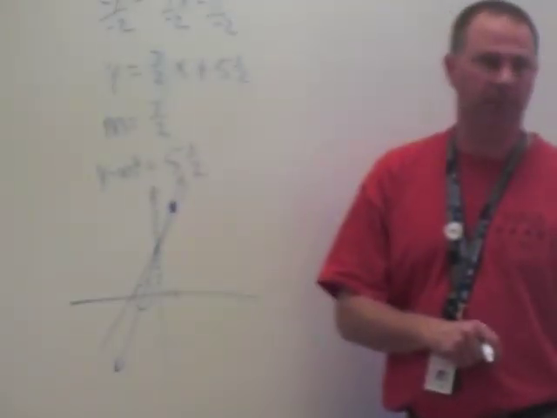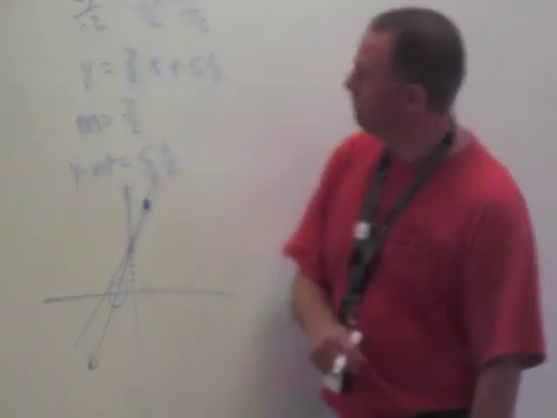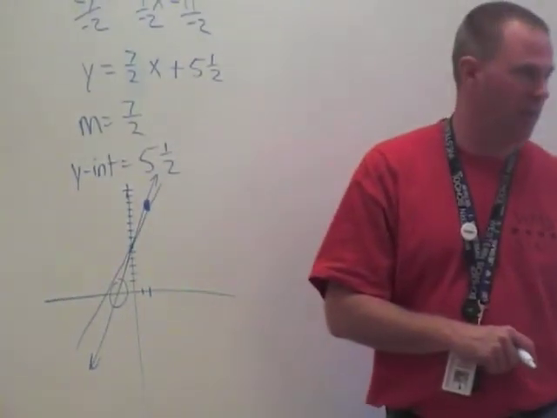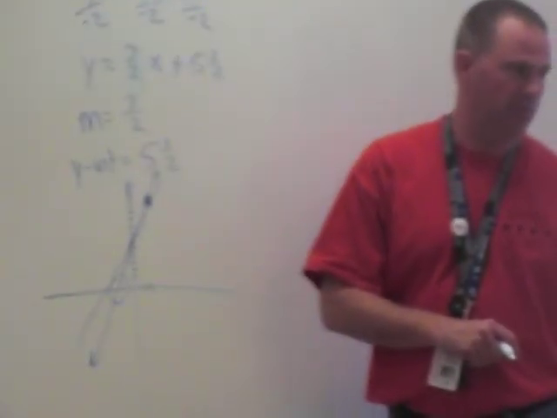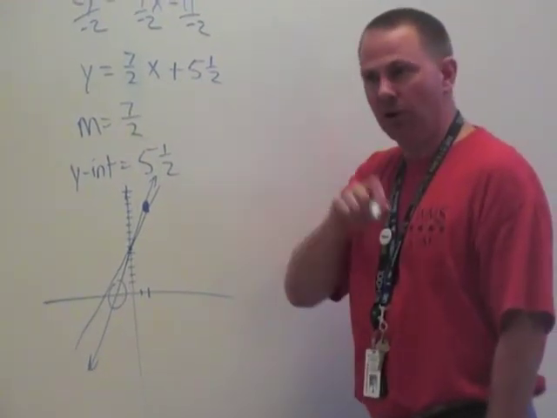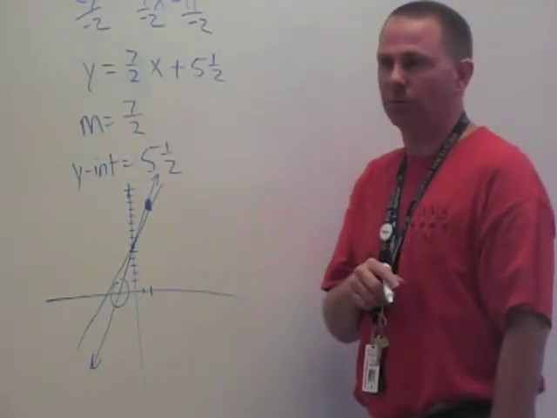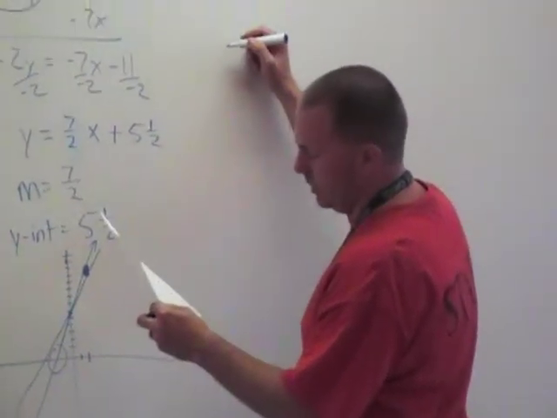When you put your points on your graphs, make them as small as you possibly can. Okay? And if you do that, then your line will probably go exactly where it's supposed to. But even if you make small points, sometimes when you're drawing them, you're not exactly putting your ruler where it should be. Now let's go on.